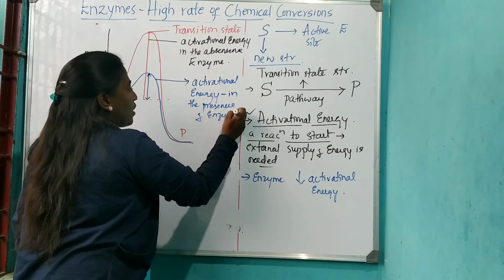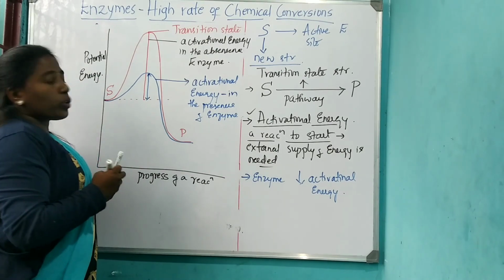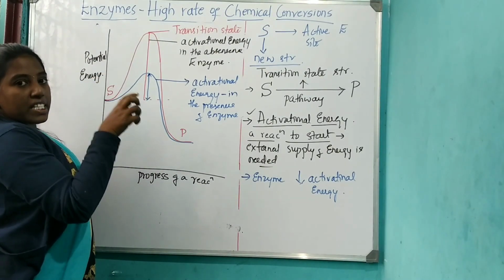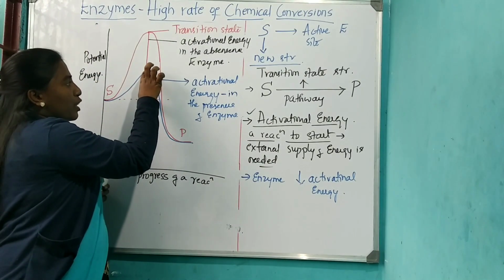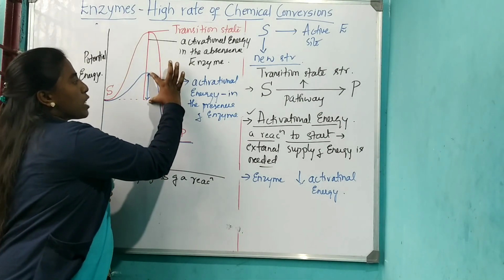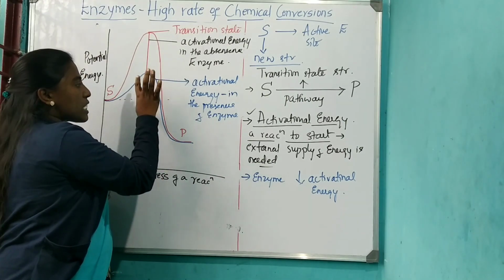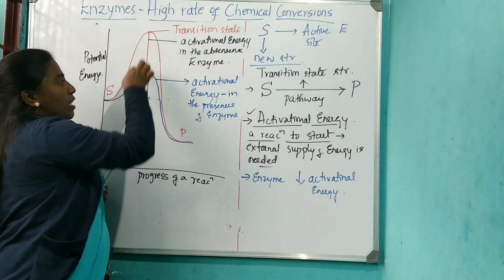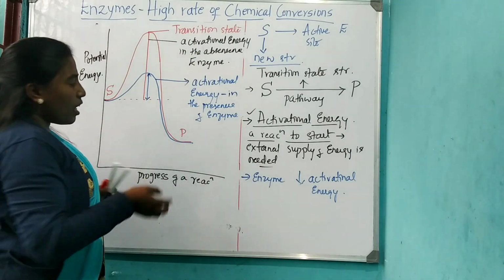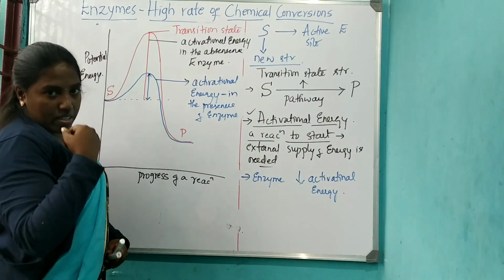From comparing the two graphs, you can conclude that when the enzyme is there, the amount of activational energy required is less. When the enzyme is not there, the amount of activational energy required is more. Okay, so this is what the graph represents.